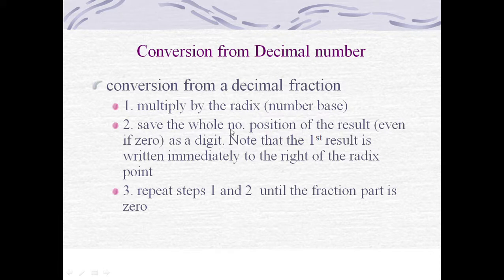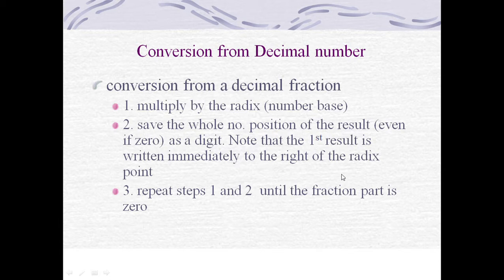Save the whole number that we get in step 1, just like we saved the remainder on the previous slides. We have to save the whole number part of the result, even if it is 0, we have to save it as a digit. This whole number would make the digit of the target number base system. And note that the first result is written immediately to the right of the radix point.